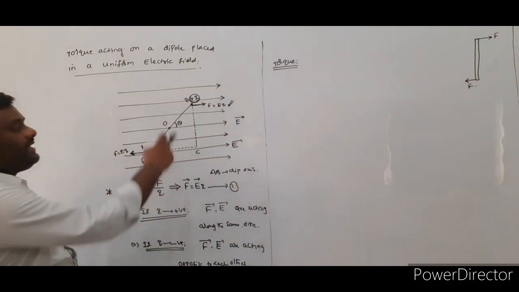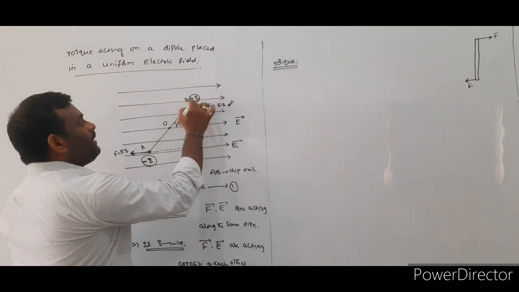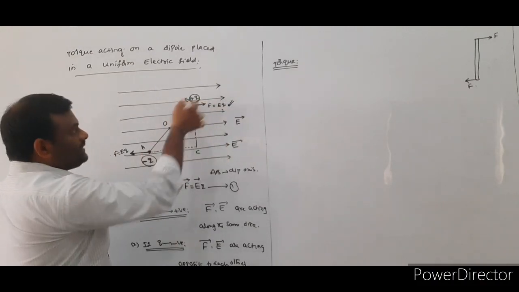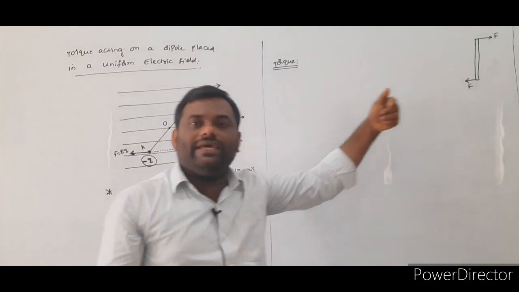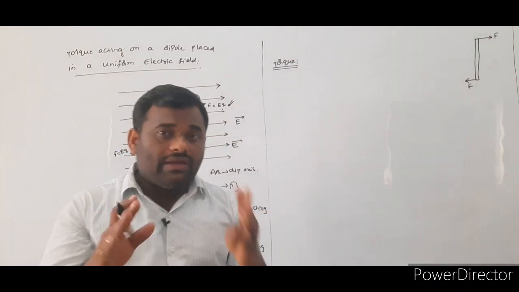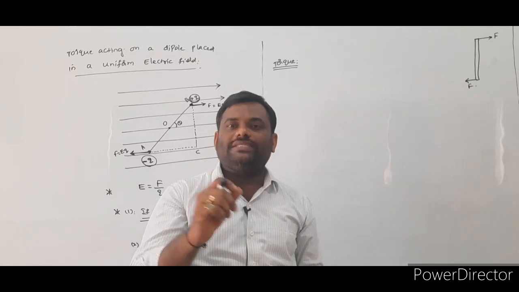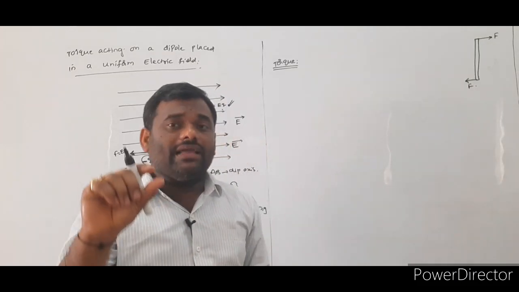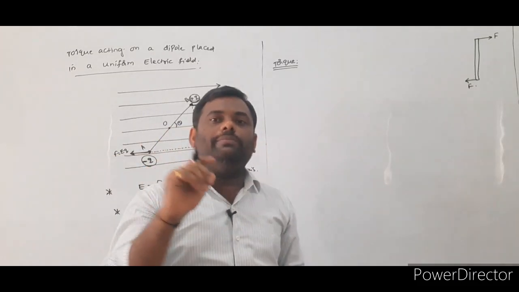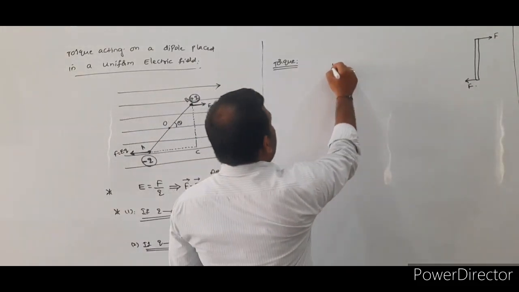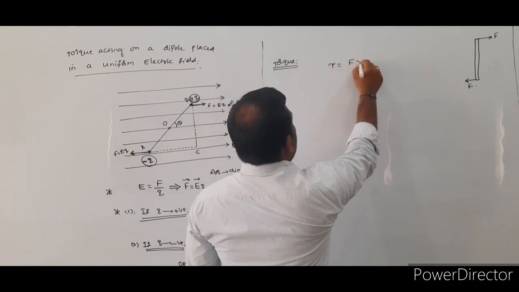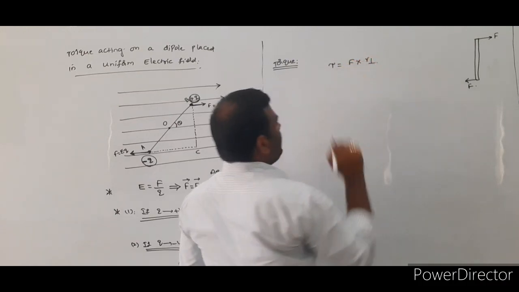So here we consider the dipole. At the ends of the dipole, two equal and opposite forces are acting. There we considered the rigid body; here we consider the dipole. Whenever two equal and opposite forces are acting at the ends of the given dipole, a couple will be produced within the dipole. So how can we define the torque? Torque tau is equal to force into r perpendicular.